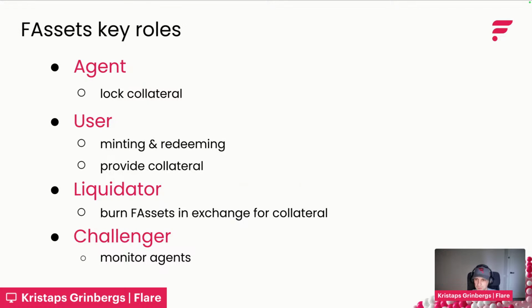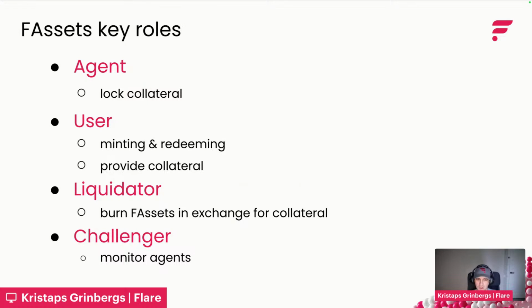Then there is the user part, which is kind of the other side of the agent. They perform minting and redeeming, which we checked previously in the diagram, and they can also provide collateral. By providing collateral in the native token to an agent, they can earn fees from the minting and redemption the agent is performing. So it's basically a free market.